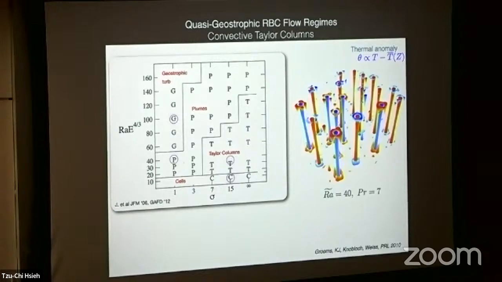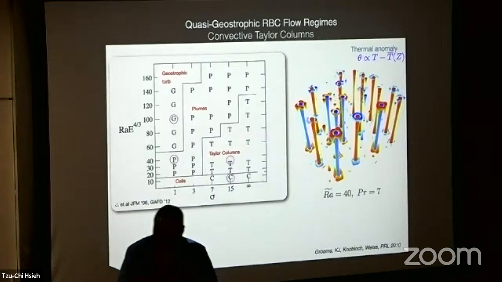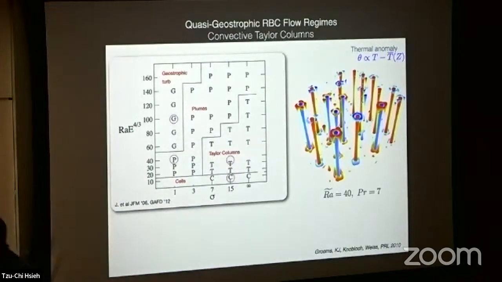They may look a little different because of a cosine profile, but we see these columnar structures extending from boundary to boundary. This is a visualization, so you can't see the entire thing, but they actually have oppositely signed anomalies around the cores. So they're shielded, and we'll say some more about that in a second.